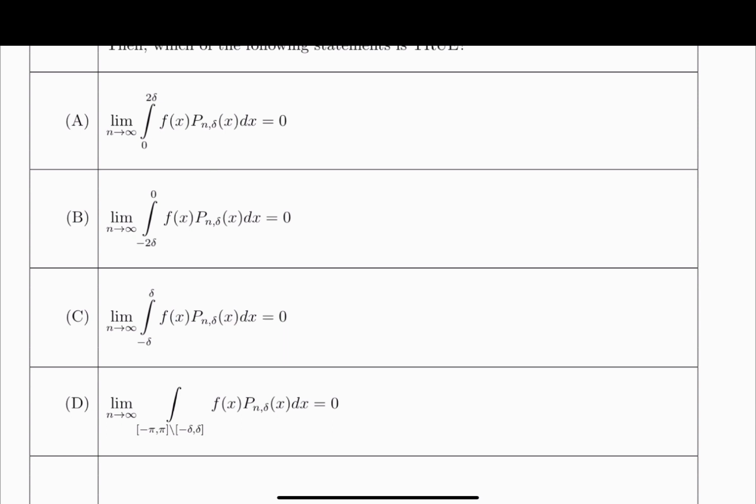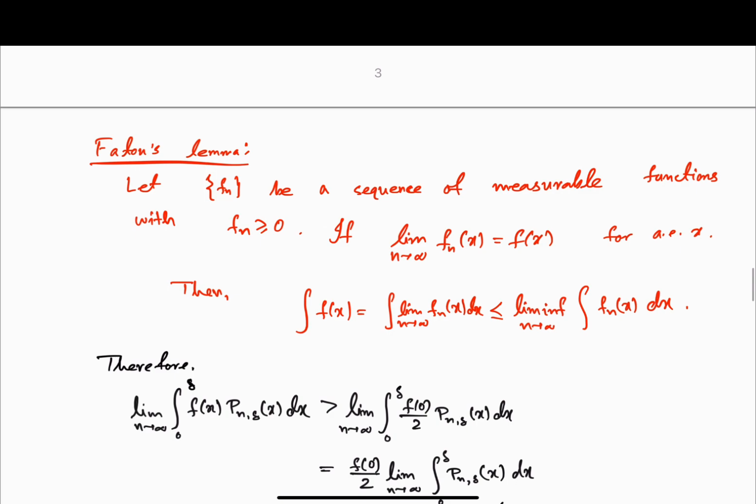And option B is similar, so let me tell you how you can do this.